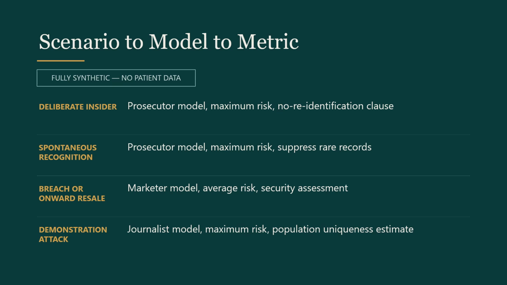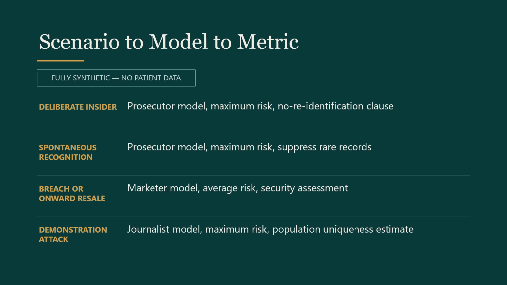Row 3, breach of the recipient or onward resale of the file. Here the attacker has no target, they harvest, so the marketer model fits, and the metric is average risk. The controls are the recipient's security assessment plus the onward transfer limits in the agreement, because both of those bound how the file escapes and what happens next.